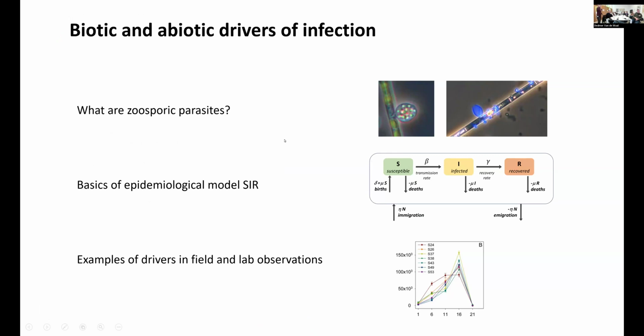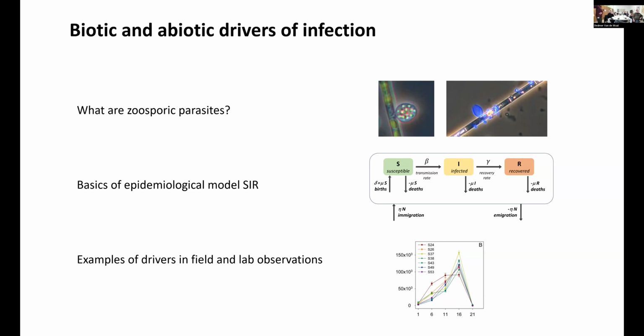So that's basically what I want to give to you today, because I guess not everybody knows all about zoosporic parasites. Tiny introduction. So what you see here is, for example, a sporangium with zoospores in it and an empty sporangium, which colors really nicely with calcofluor white under fluorescence.